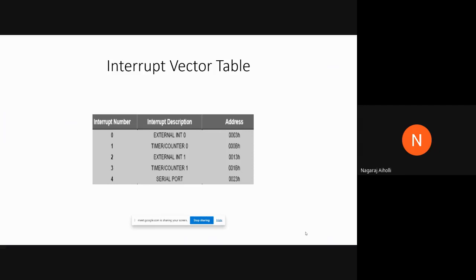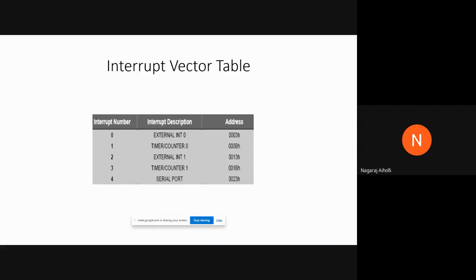This starting address of the interrupt service routine is called the interrupt vector. Now this interrupt vector has its own memory locations, its own address.